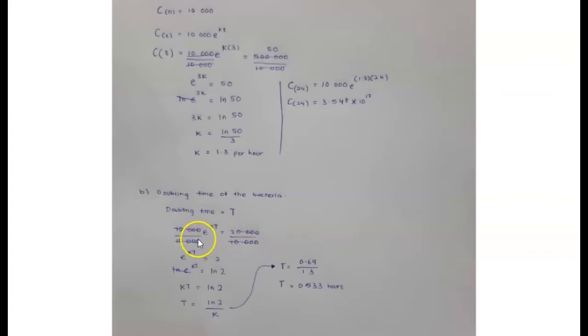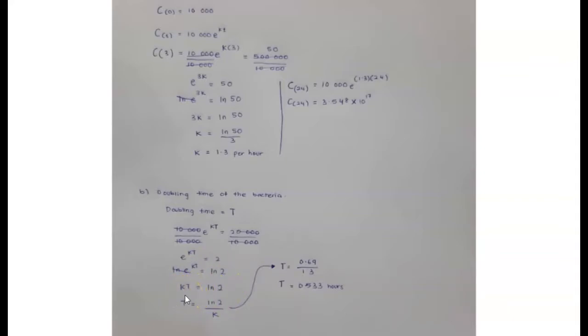So we divide both sides by 10,000, which we got e^(kT) equals 2. As I said, if we want to discard the e, we have to put the ln on both sides, and e is gone.